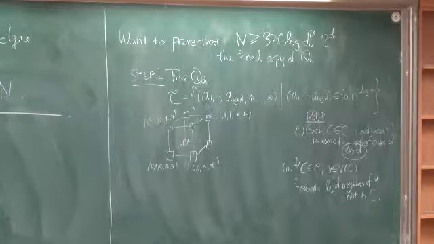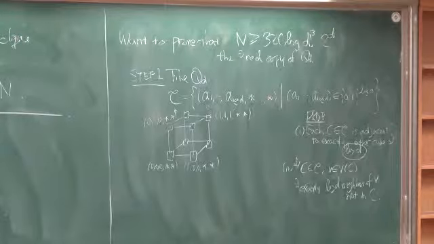The neighborhood of each vertex is a red clique. So take a collection of red cliques of size 2^d over 4d. This number is chosen nicely.